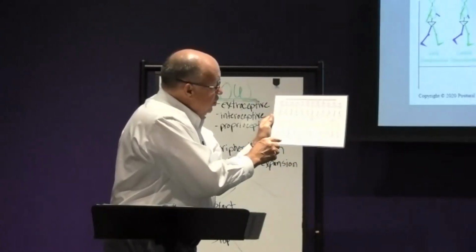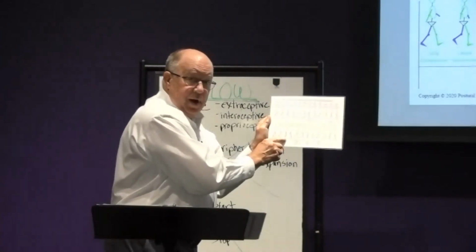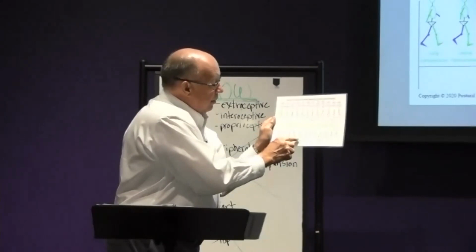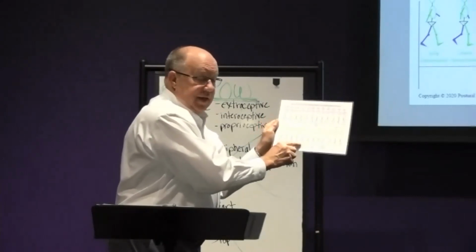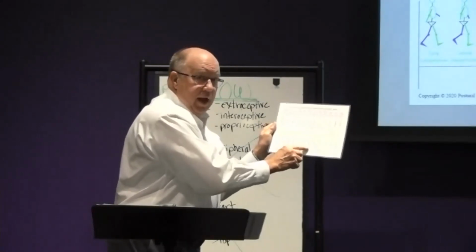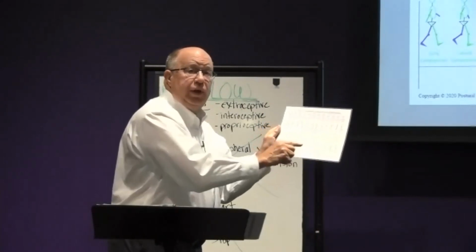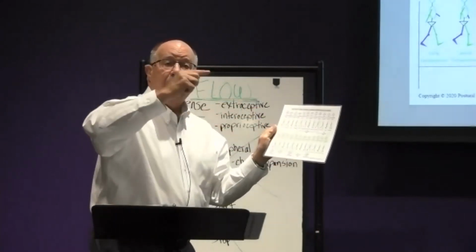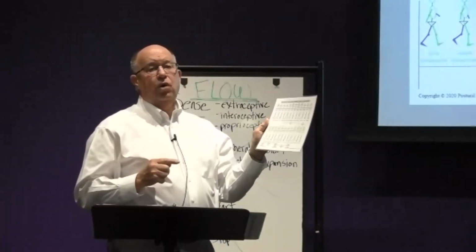Then you go into early mid stance on the right side, late mid stance on the right side, push off on the right side, early pickup on the right side, swing on the right side, and late reach on the right side, only to start the cycle again. Okay.